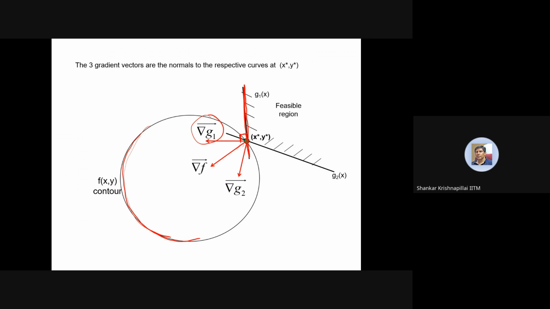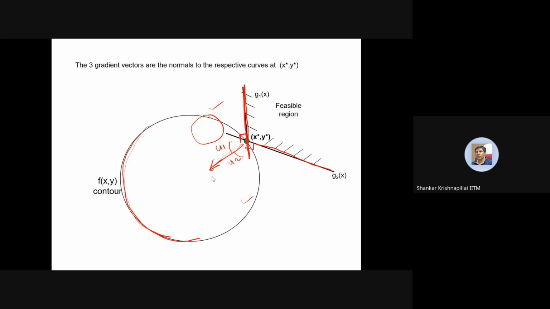Then del G2 is the gradient vector of G2, so it is normal to the constraint boundary of G2. So del G1 into U1 plus del G2 into U2 will give del F. Okay, so U1 and U2 are the scalar multipliers of del G1 and del G2, which will give del F. So this is the geometrical interpretation.